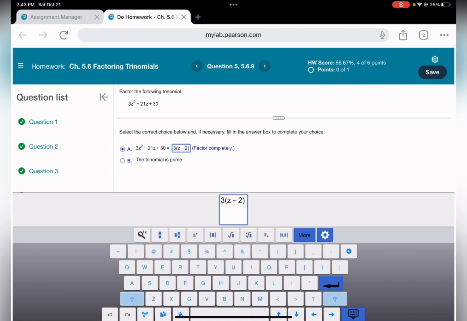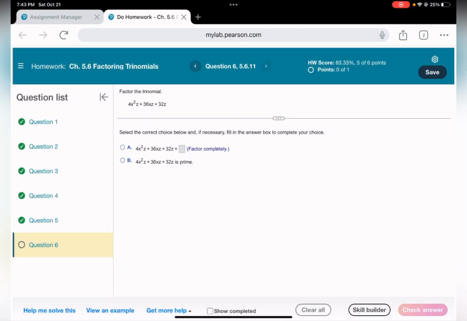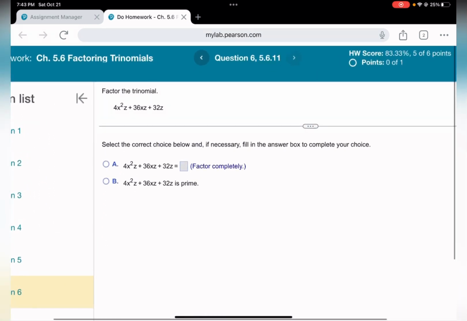Closing parenthesis, opening parenthesis. Okay. We solved it. And lastly, the last question, what do we have? All right.